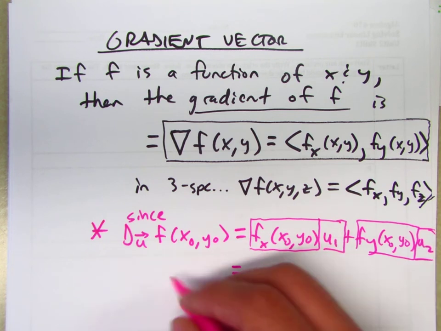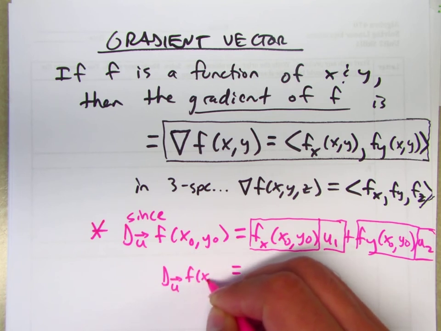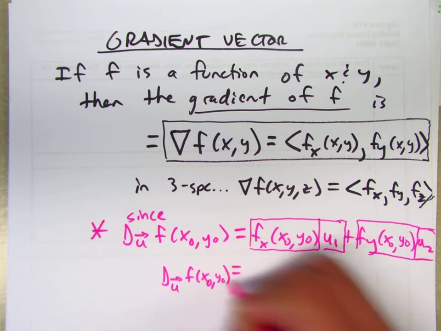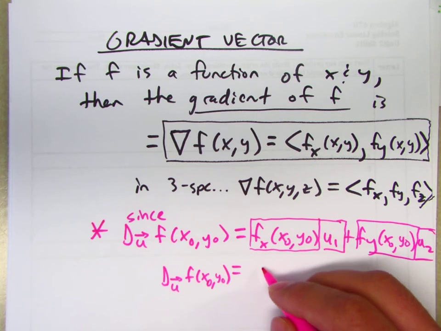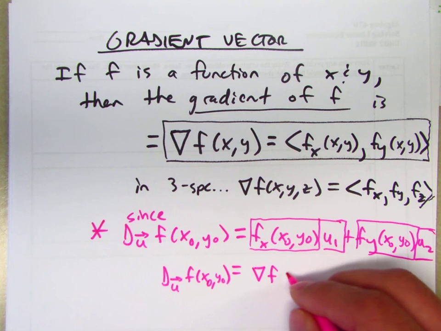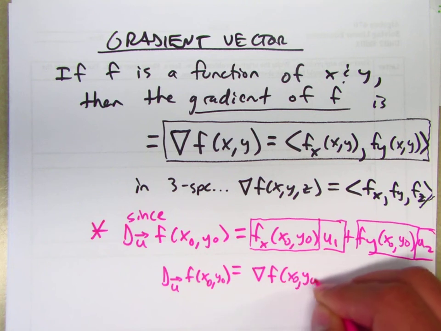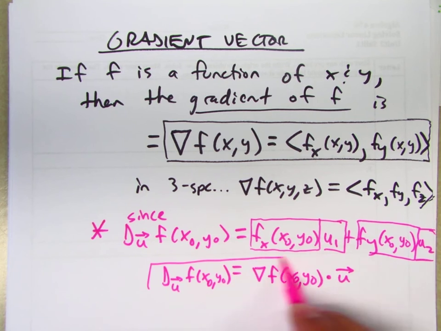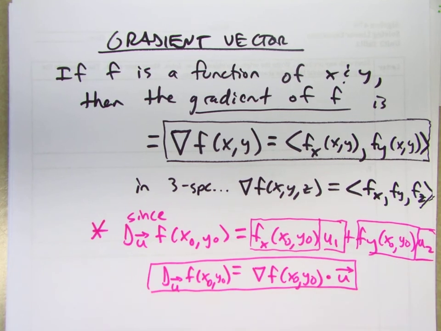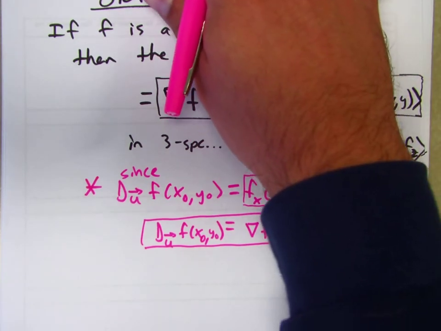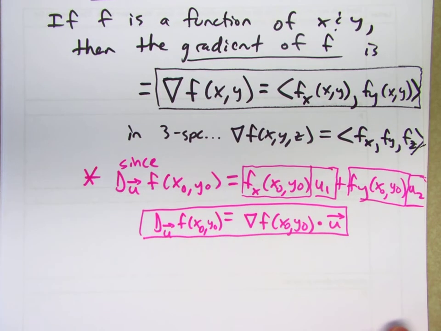And so we can now say that the directional derivative is going to equal the dot product of the gradient evaluated at the point with the unit vector. So yet another way to interpret the directional derivative. Okay.